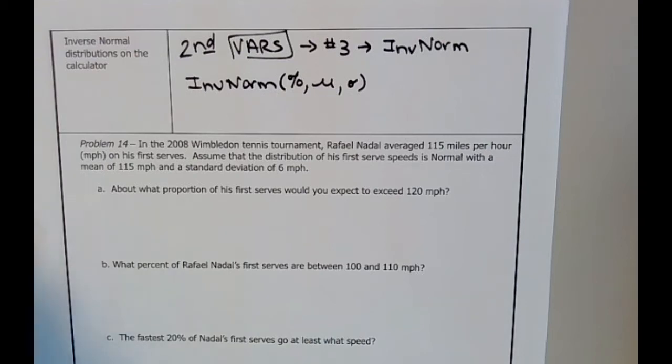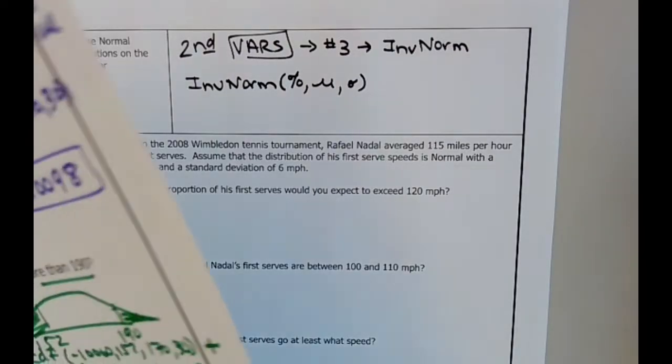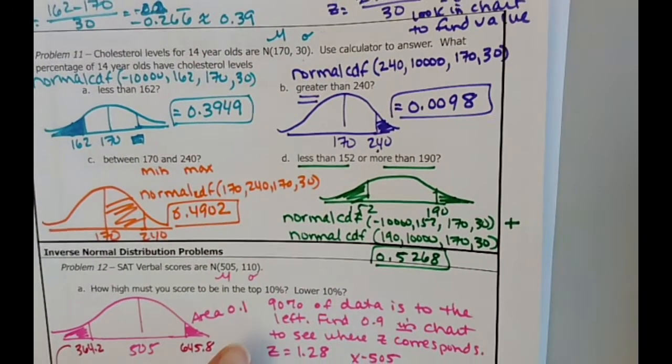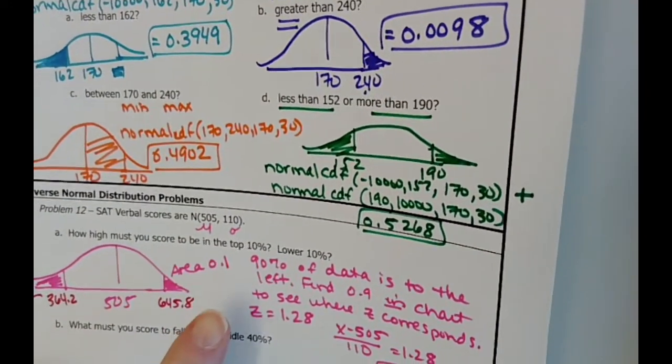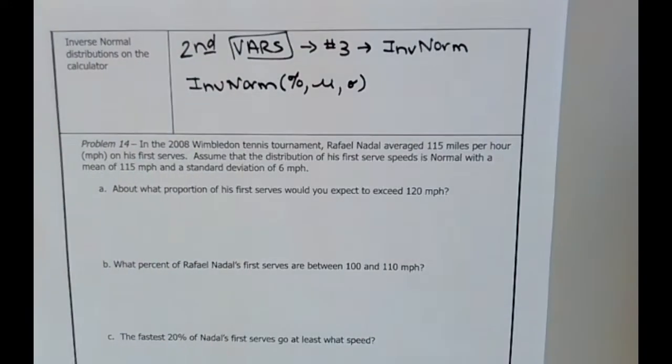On the calculator, you can use the inverse norm to do those other problems. For example, with a problem like the one before, for the top 10%, we know it's 0.9.